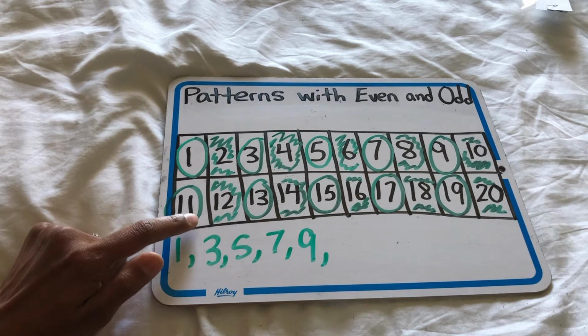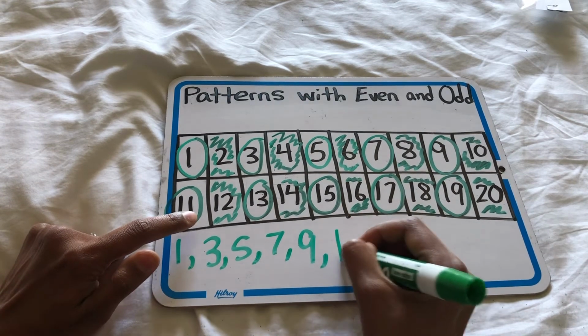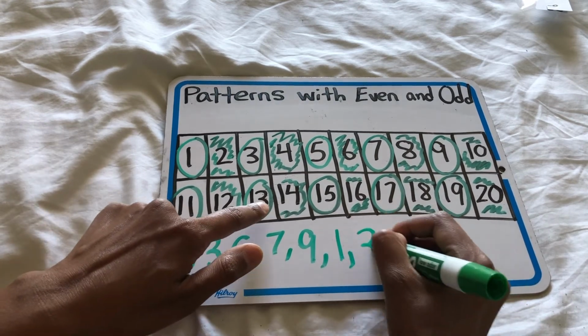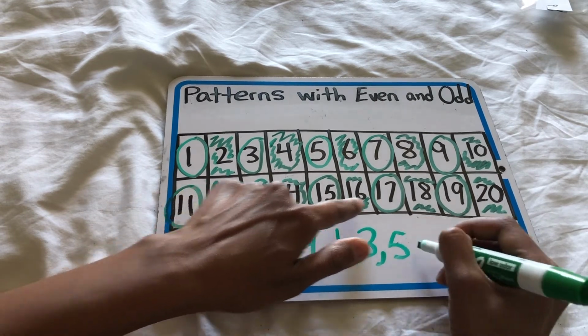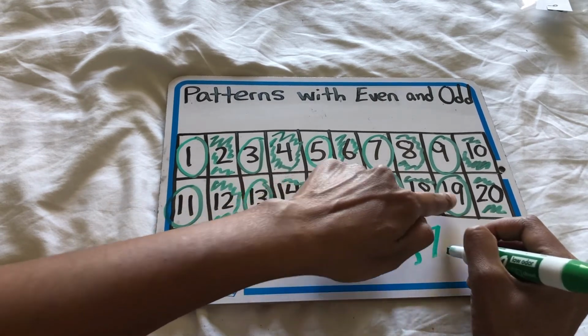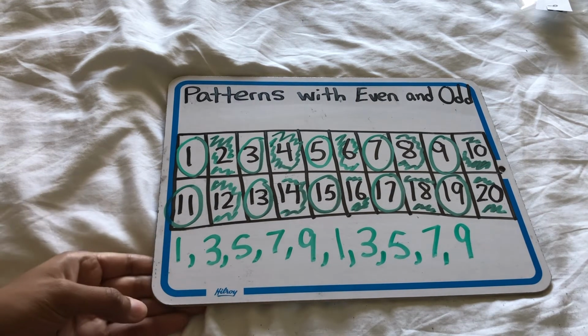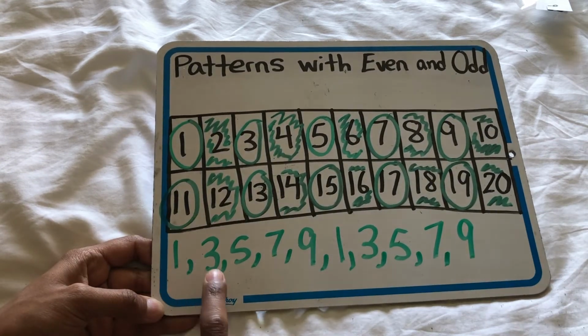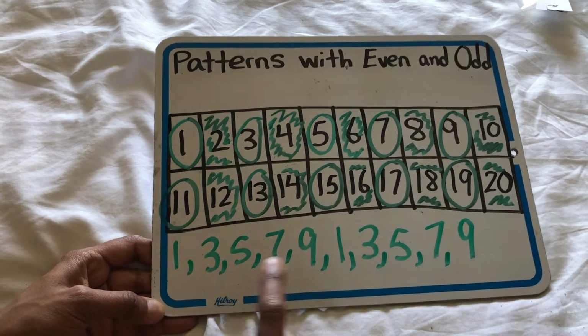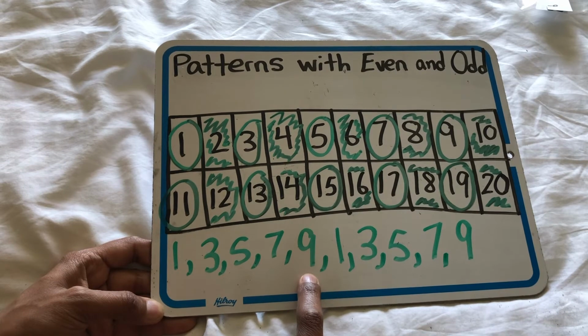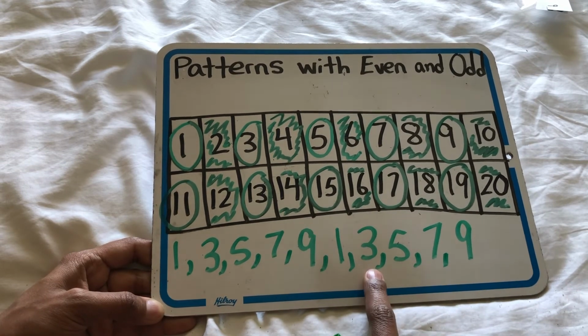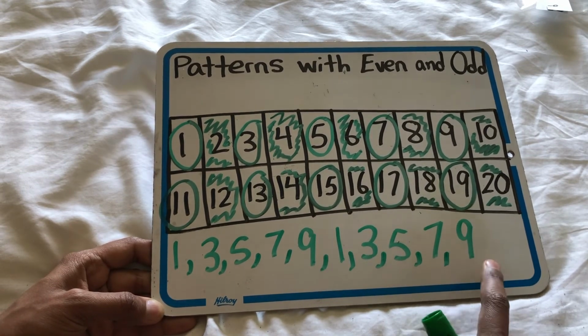So here I have 11. Remember, the last number is my ones place. So 1 again, 3 again, 5, 7, and 9. Now what numbers do we see? 1, 3, 5, 7, 9.